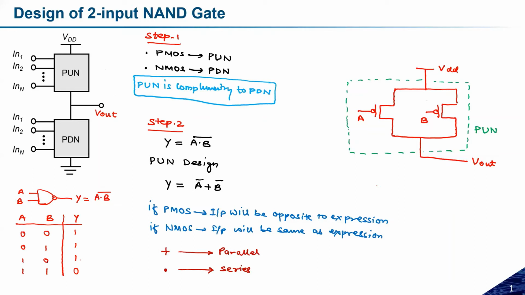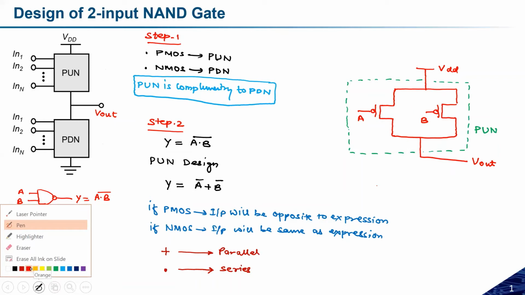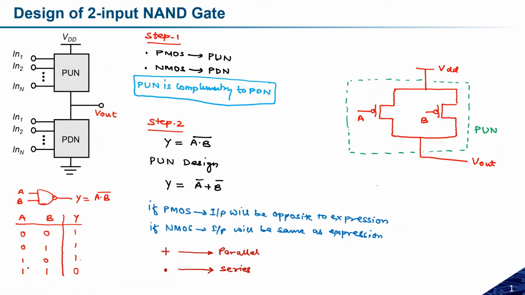In that case, we need two transistors, one for pull up and one for pull down. Similarly, if I have n inputs, the total number of transistors in this case will be 2n.